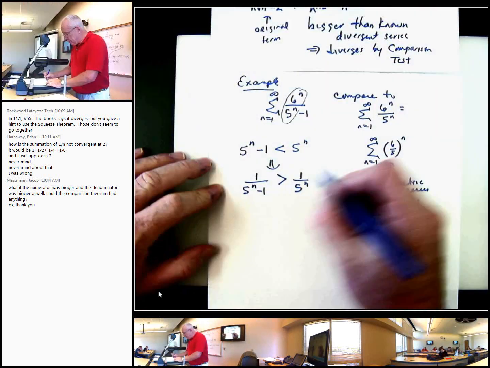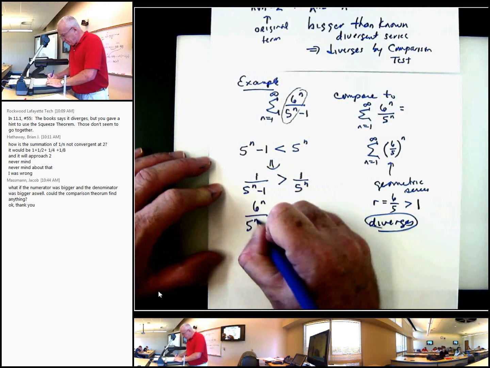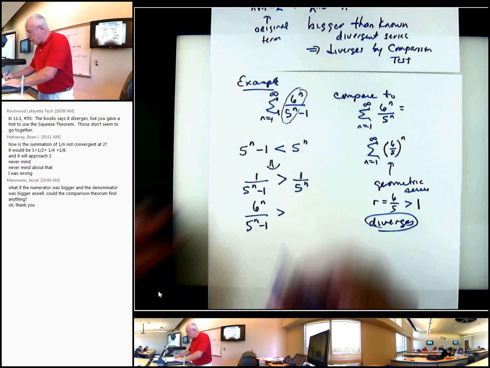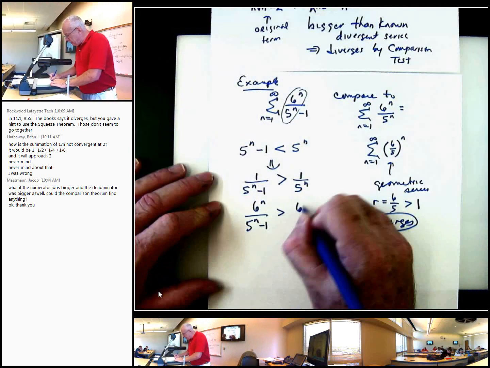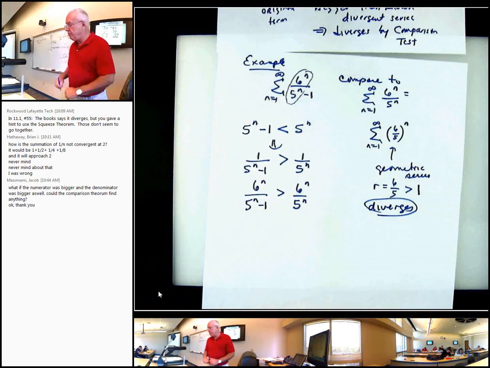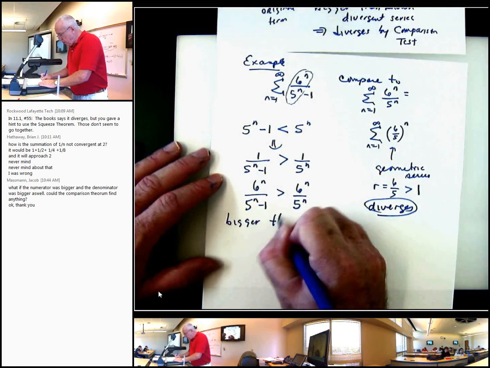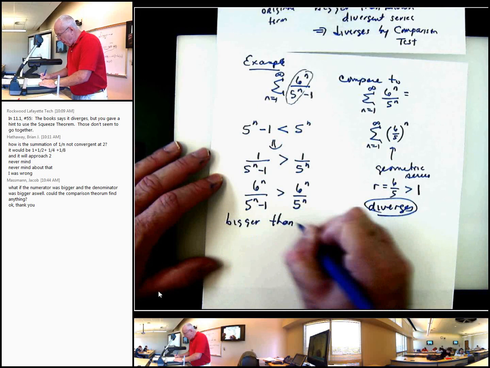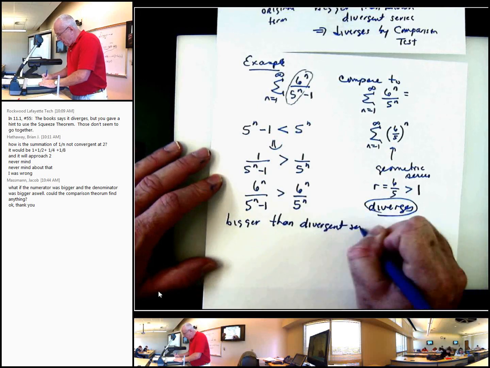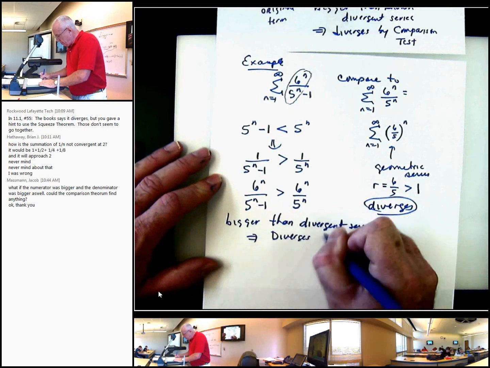And then all we have to do is multiply by that 6 to the n, which is a positive number. So 6 to the n over 5 to the n minus 1 is bigger than the comparison series 6 to the n divided by 5 to the n. So it's bigger than a divergent series. So therefore, it diverges by the comparison test.